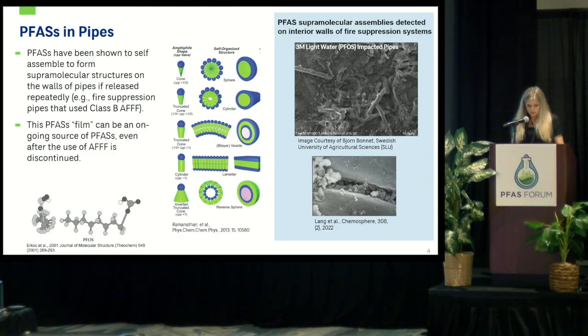The result is a strong tendency to form vesicles and lamellar phases instead of micelles. The extreme hydrophobic interactions developed by the perfluoroalkyl chains cause fluorosurfactants to segregate, self-assemble, and collect in an orderly fashion on interfaces. Researchers have directly observed this under a microscope in fire suppression pipes, which you can see in the photos on this slide.